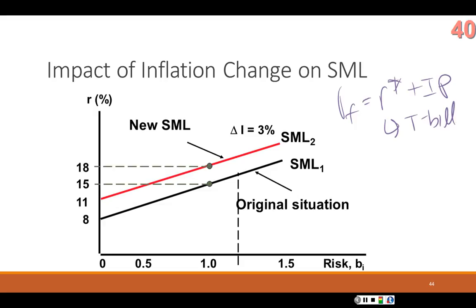If we had a change in inflation, meaning the risk-free rate increased, the rate of return on assets would also increase. So this causes an upward shift in the security market line. So if inflation increases, the entire security market line is going to shift upward.